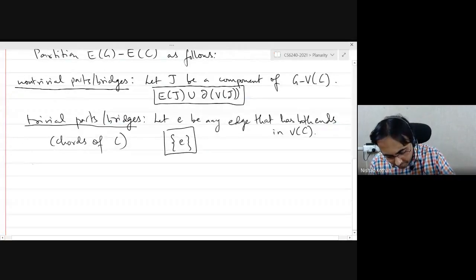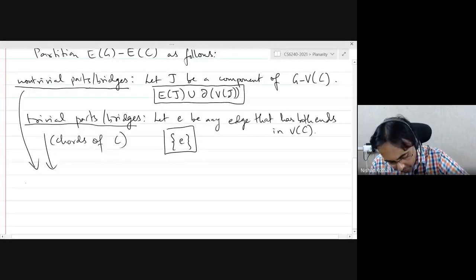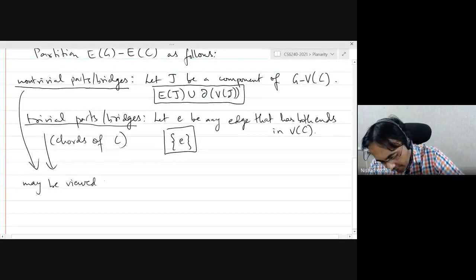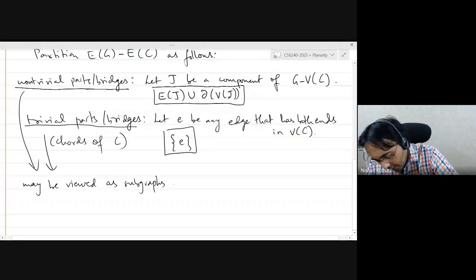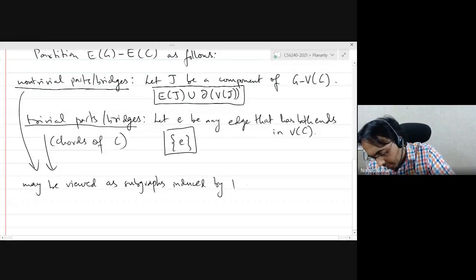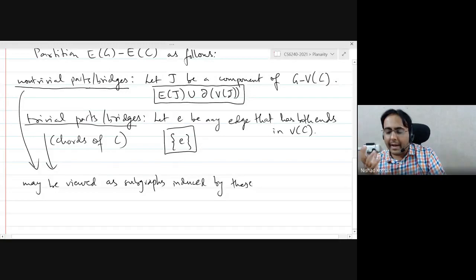So bridges may be viewed as subgraphs induced by these edge sets. What is a subgraph induced by an edge set?